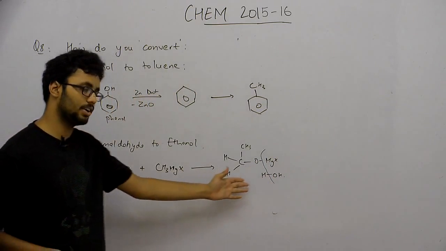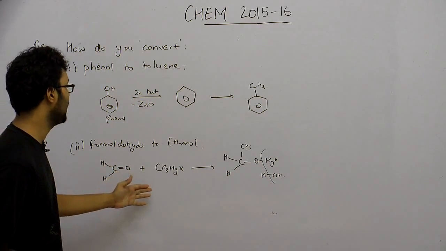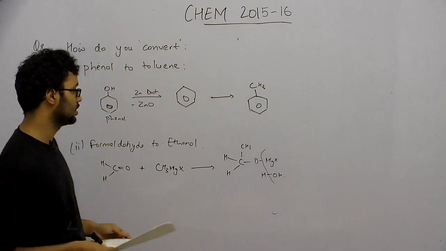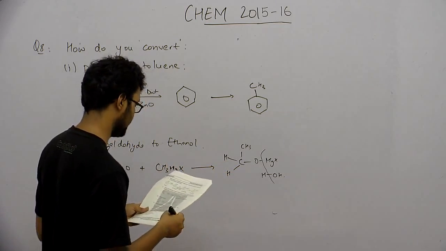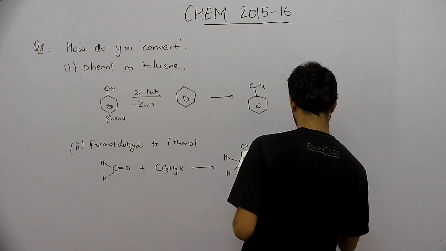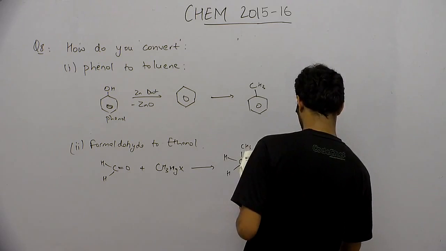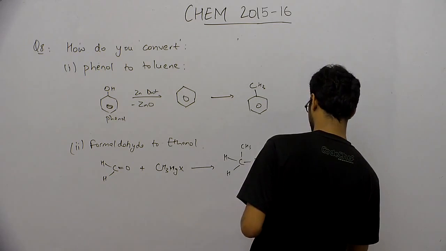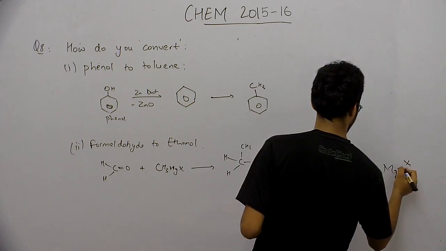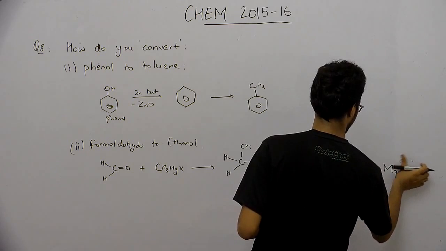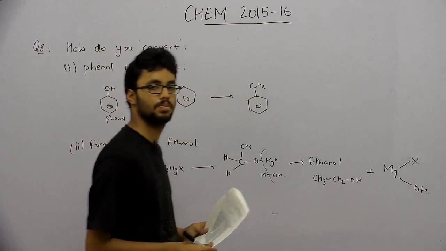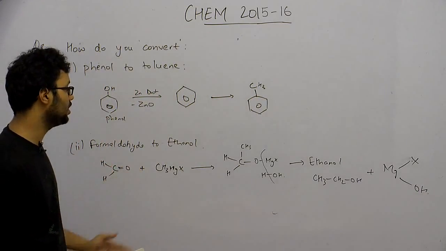So this would be the intermediate step when formaldehyde is treated with the methyl magnesium halide. So here the intermediate would be formed and we will finally get ethanol. So finally we converted formaldehyde to ethanol.